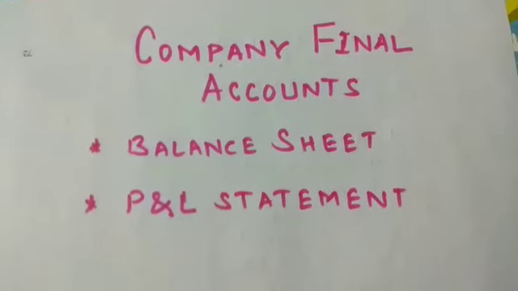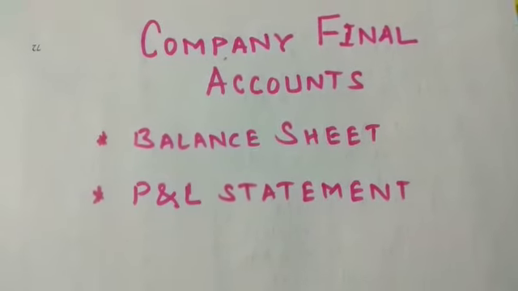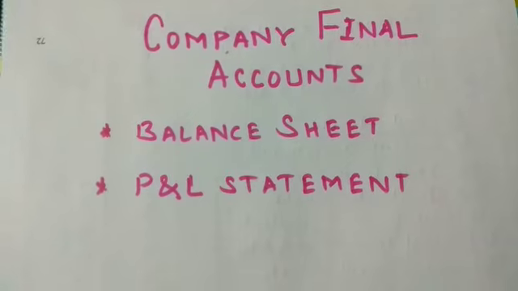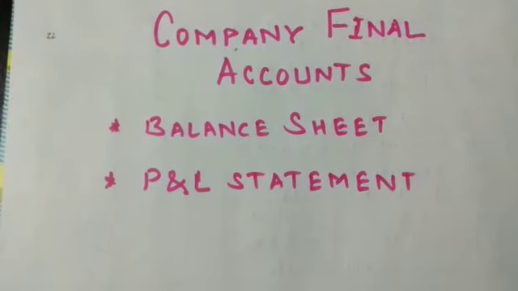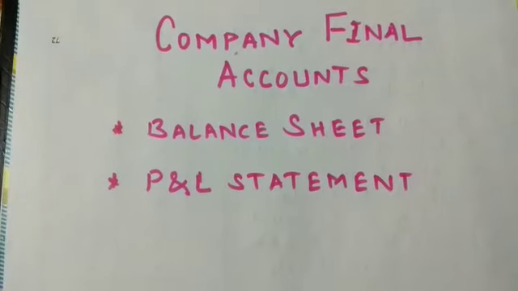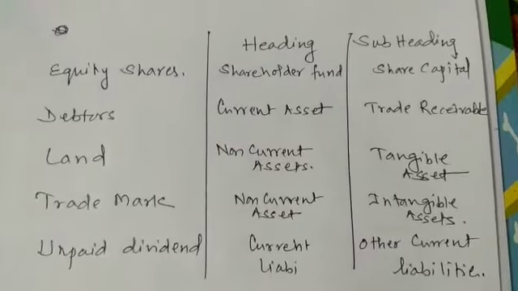These are all the basic formats of the company final accounts. I hope you have gone through the balance sheet format and profit and loss statement format thoroughly. The questions on these will be in the form of finding out under which heading and subheading a particular item arises. For example, let's consider a few examples.